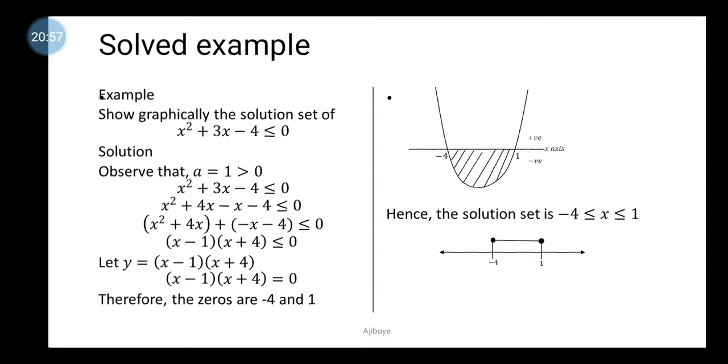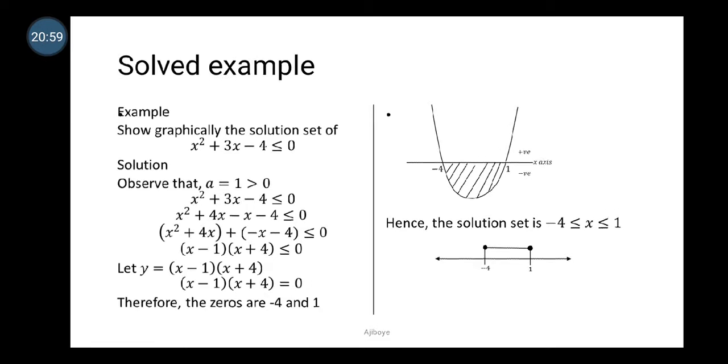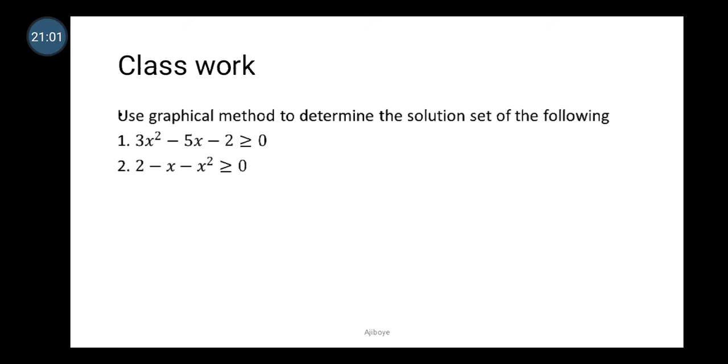All right. I want you to try out this classwork. Use the graphical method to solve this classwork. What are you going to do? First, factorize the quadratic expression. After you factorize, you find the zeros. Then when you get the zeros, draw the graph and put the zeros on the graph.